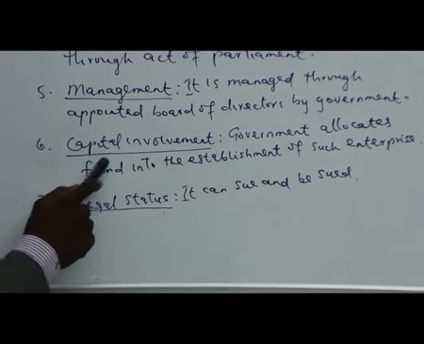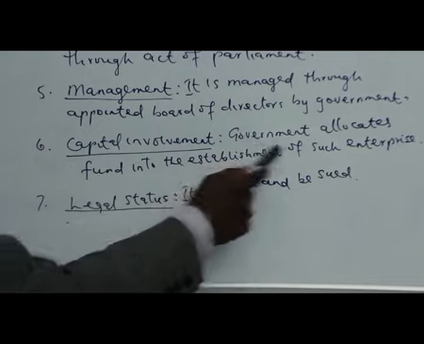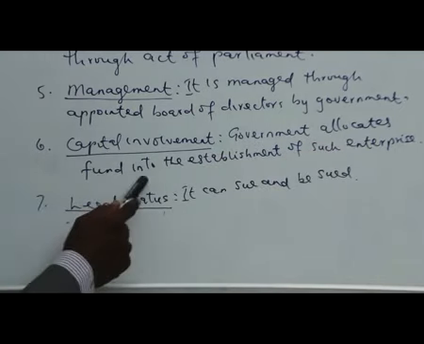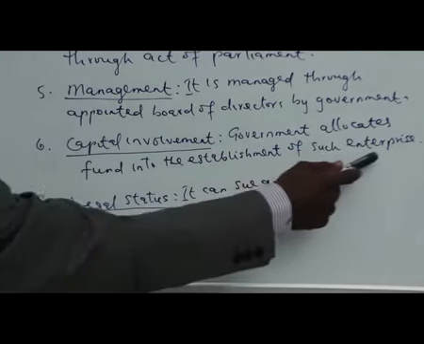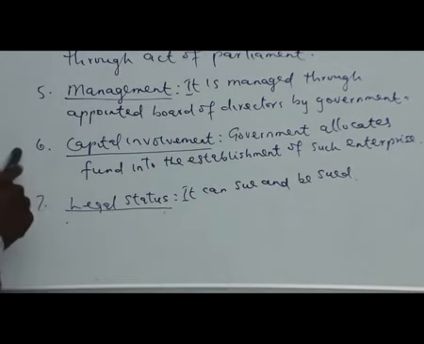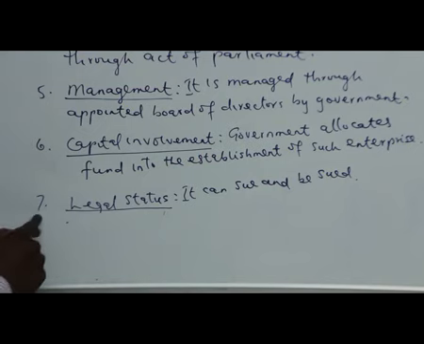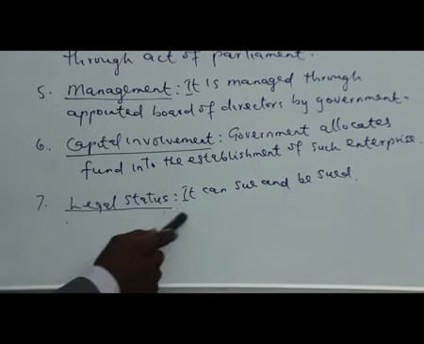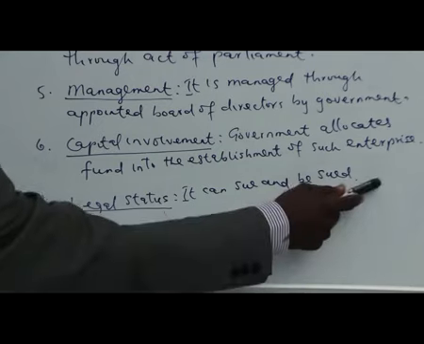Six, capital involvement. Government allocates funds into the establishment of such enterprise. The capital involved in establishing public enterprise comes from government. It is the responsibility of government to allocate funds into these establishments. Number seven, legal status. It can sue and be sued.